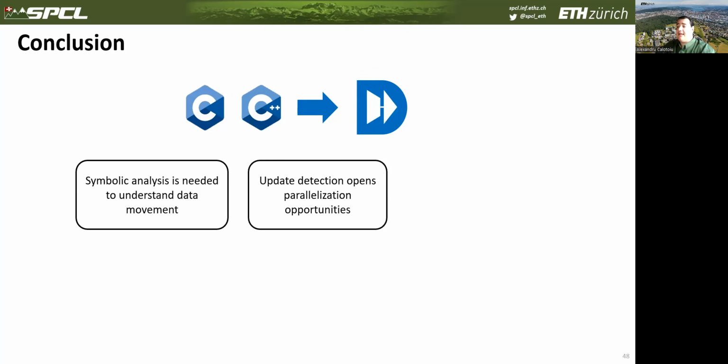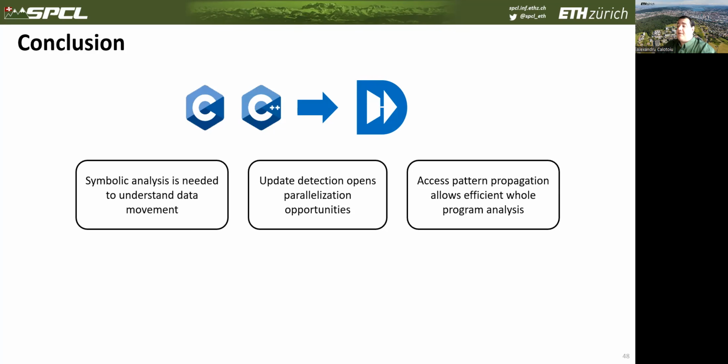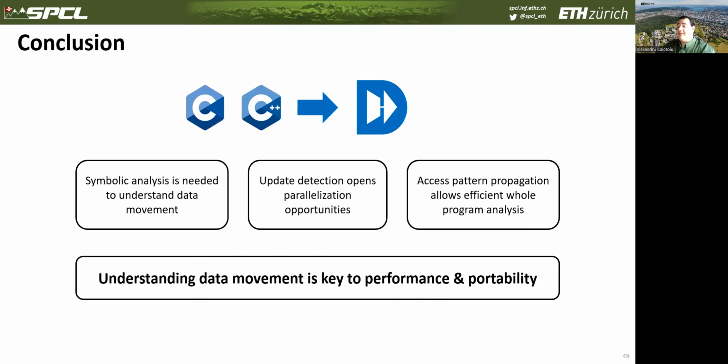Another key lesson is that update detection opens new parallelization opportunities. Access pattern propagation allows for efficient whole program analysis. And as a conclusion to my entire talk, understanding data movement is key to performance and portability.